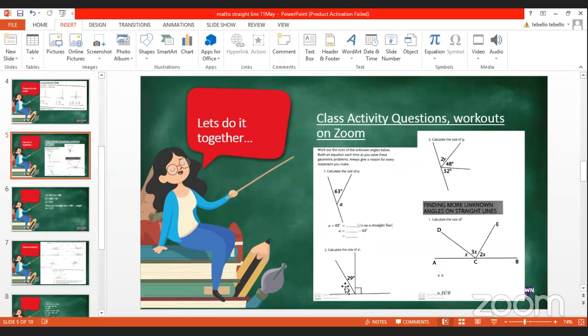Does it represent 80 degrees? Does it represent 107 degrees? Can you please tell me what this small box here represents? Yes, guys, its degree represents 90 degrees.